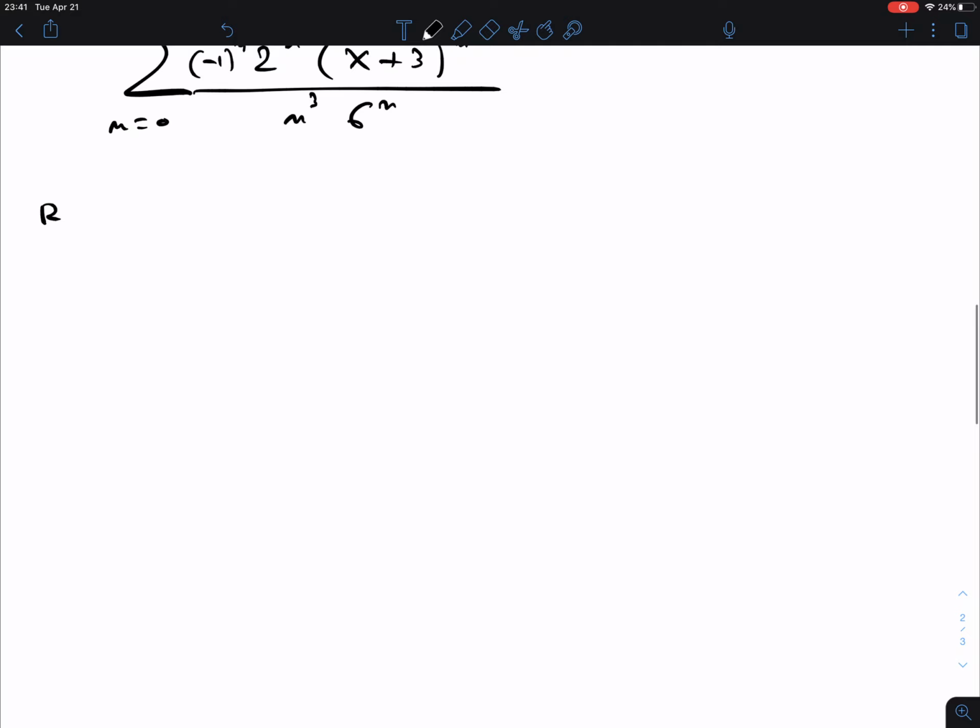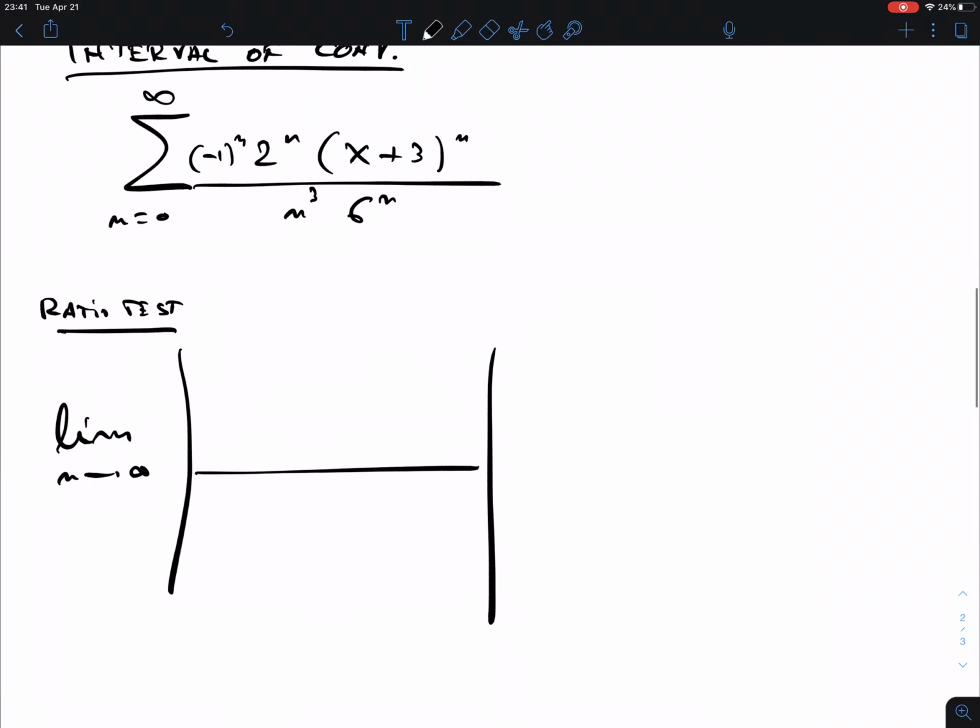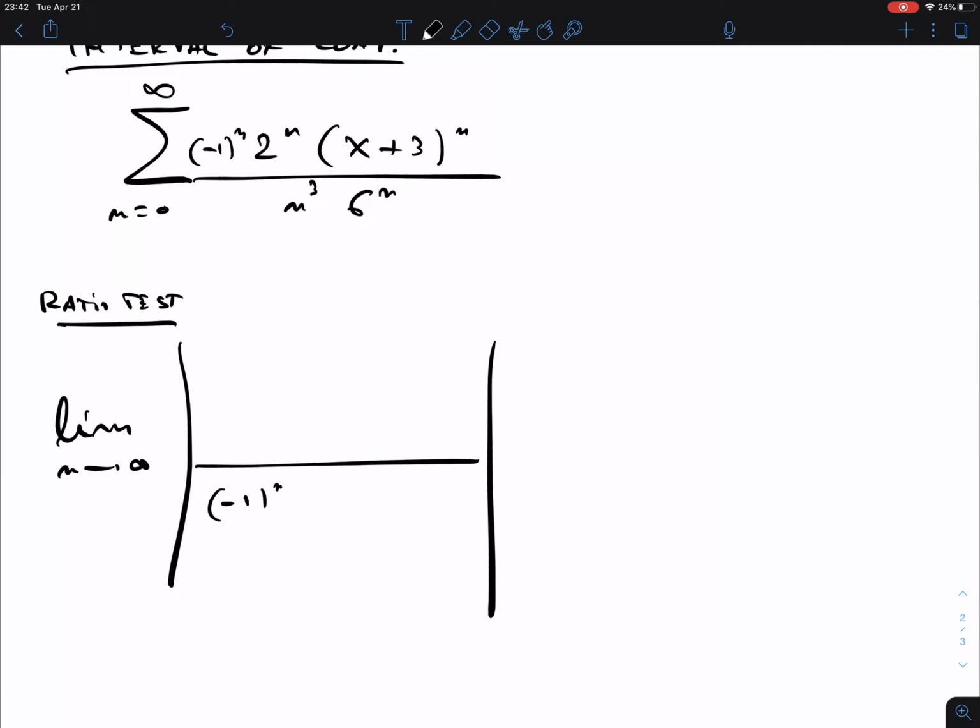So, ratio test. That's always what we do. We take the limit for n going to infinity of the absolute value of: minus 1 to the n, 2 to the n, x plus 3 to the n, over n cubed, 6 to the power n, same on top, except all the n's become n plus 1s.